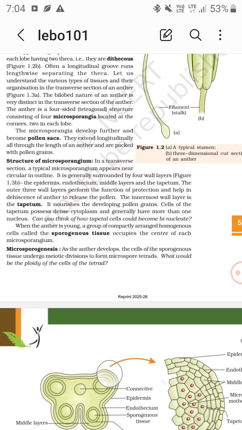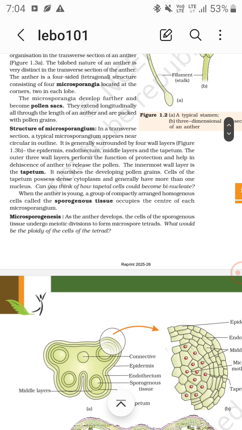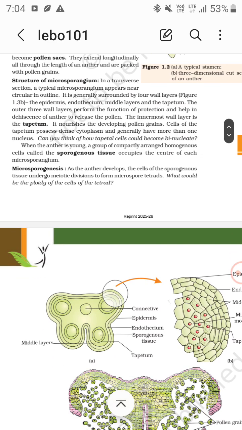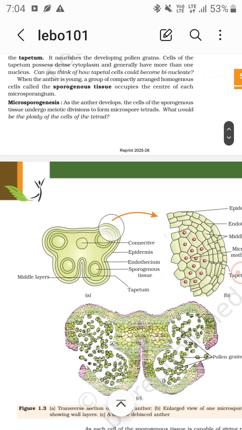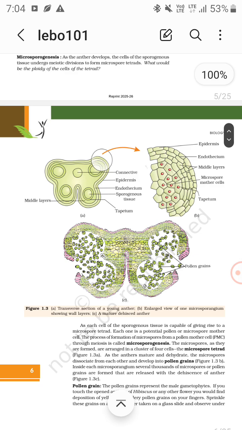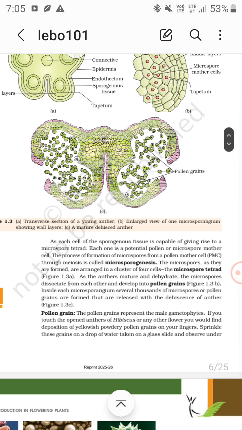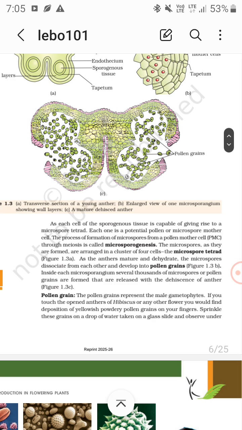It has sporogenous tissue at the center. They undergo meiosis and form a microspore tetrad, and the ploidy is haploid. So there is the pollen or microspore mother cell. The PMC, pollen mother cell, is diploid and undergoes meiosis through microsporogenesis.